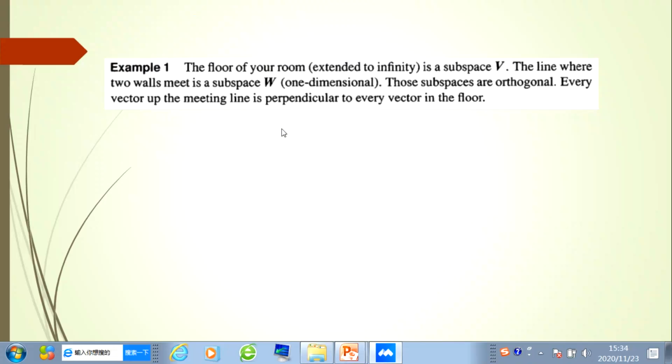Every line that lies in the floor, which means every vector from this subspace V, is perpendicular to the meeting line of two walls, this green one I showed you. Are you clear? So it's the first example, okay? It's very easy to get.